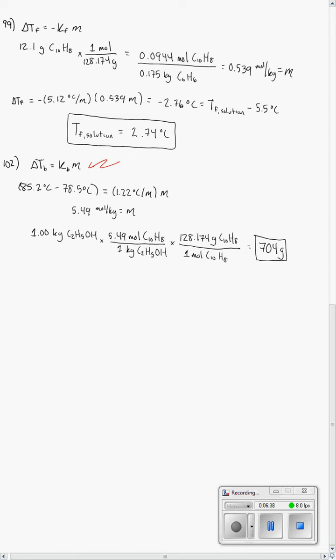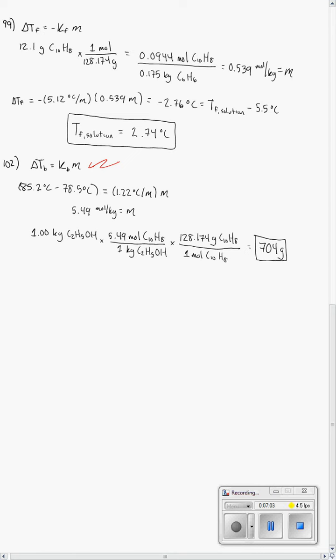So the first thing we're going to need to do to solve this problem is tease out what the molality of our solution is. Because if we figure out the molality, we're told how many kilograms of solvent we have, so we can use molality and kilograms of solvent to figure out our moles of solute. And once we know our moles of solute, we can use molar mass to get our grams of solute, our grams of C10H8.